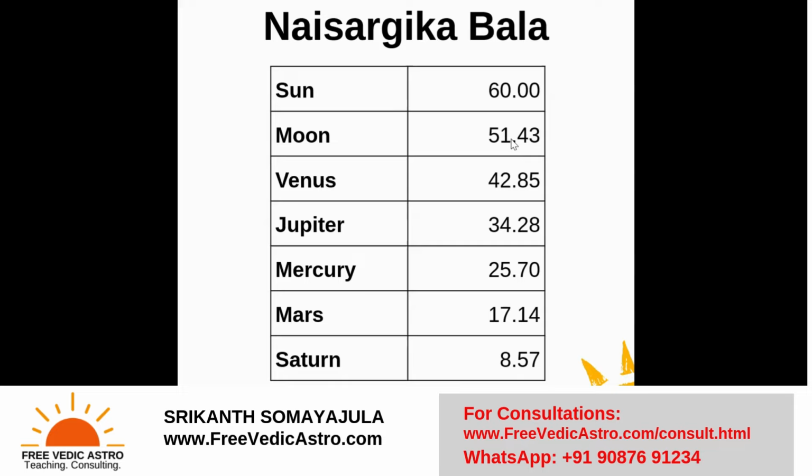Okay, these planets will need a higher amount of strength for them to deliver results. Okay. There will be some exceptions here and there, because Sun is naturally there, so it has got the 60 points, etc. So the understanding is, 60 points is considered as 100 points.